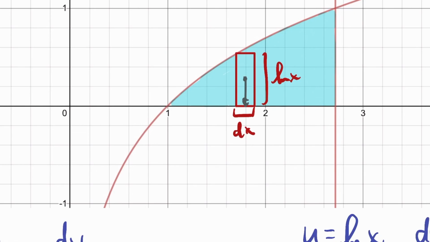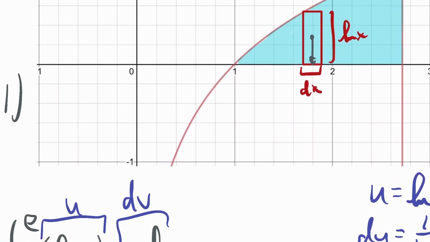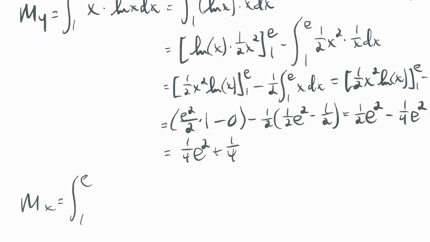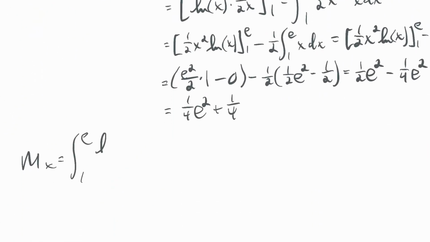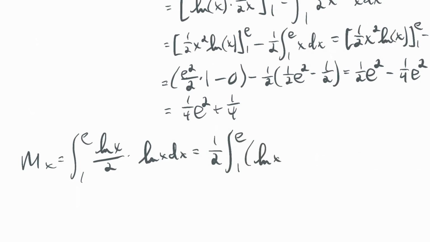So it's ln of x over 2, 1/2 of the height, times the area, which was ln of x dx. Okay. So this is 1/2 the integral from 1 to e of ln of x squared dx.